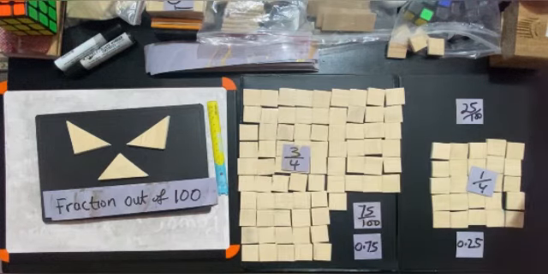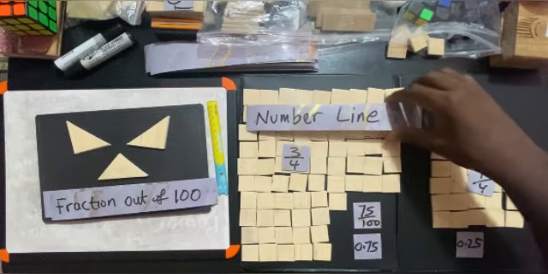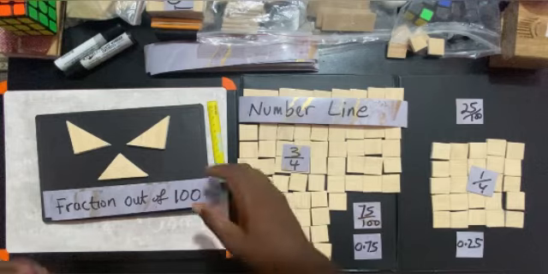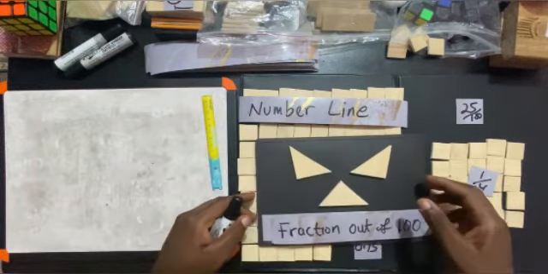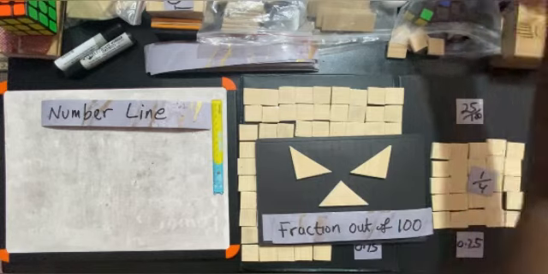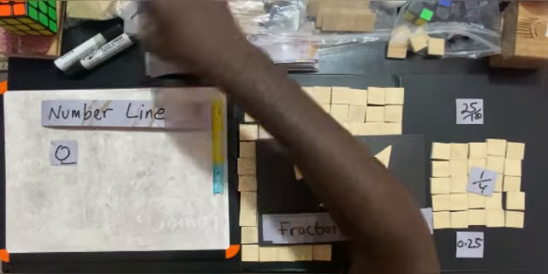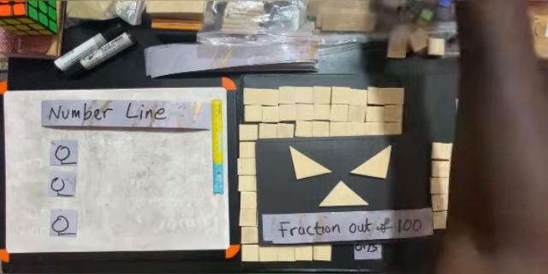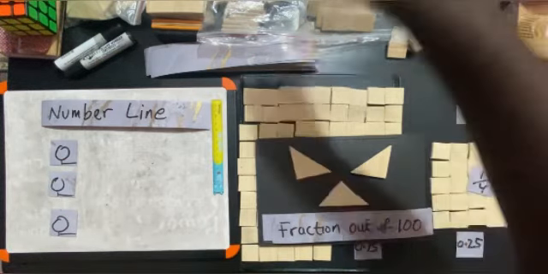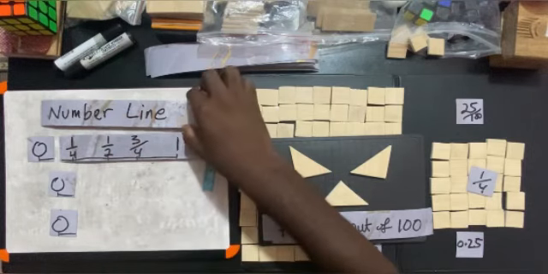Now we can look at percentages also from the perspective of a number line. So we're going to set the 0 on the number line.